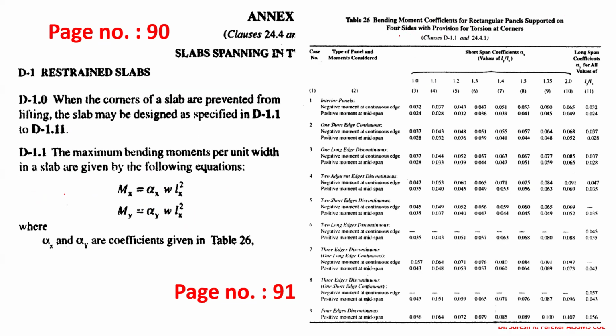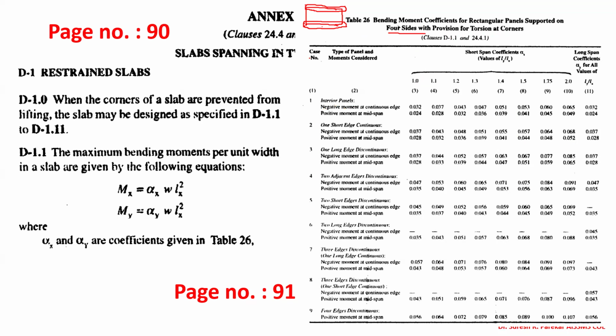So when slab is supported on 4 sides, we are going to consider two-way slabs. If it supports on longer side, then we say one-way slab. One-way slab always supports on longer side, and therefore we transfer load of slab on longer side and not on shorter. On shorter side, we do not have any load of this slab. That already we have seen. So with provision for torsion at corners.